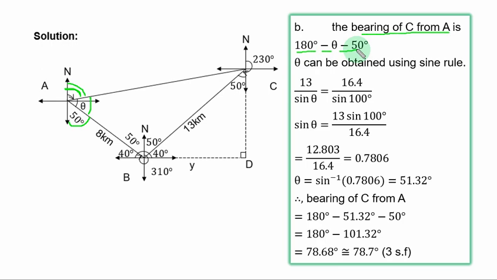We can obtain theta by sine rule, since this angle and the side facing it is known. So this 13 over sine theta equal to this length, 16.4, over sine of this angle, 100 degrees. You have it in this form.